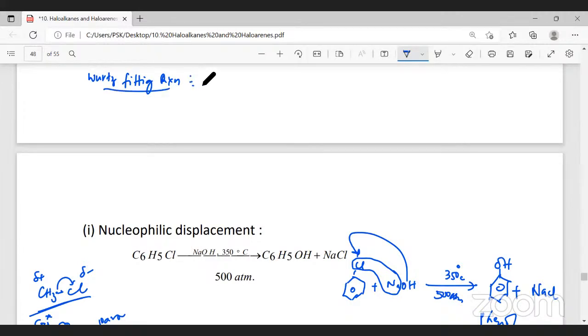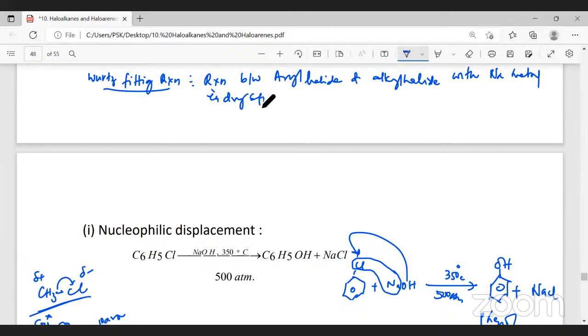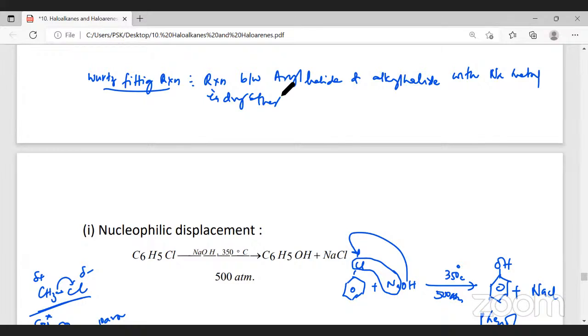It is the reaction between aryl halide and alkyl halide with sodium metal in dry ether. Wurtz reaction is only a reaction of alkyl halides. Here it is a mixture of alkyl halides and aryl halides. Now, for an example, we will take chlorobenzene.